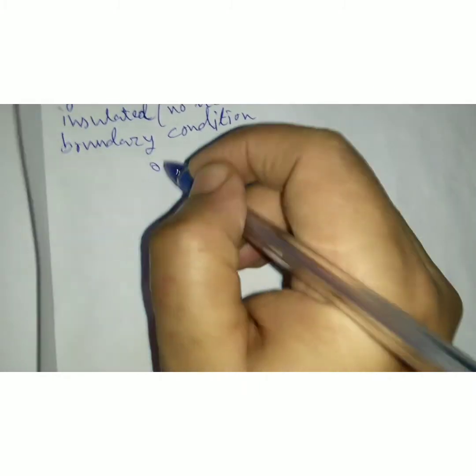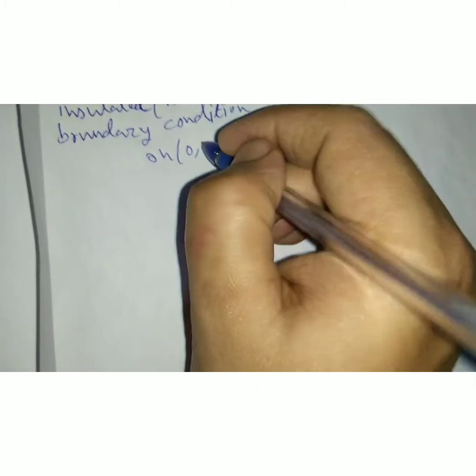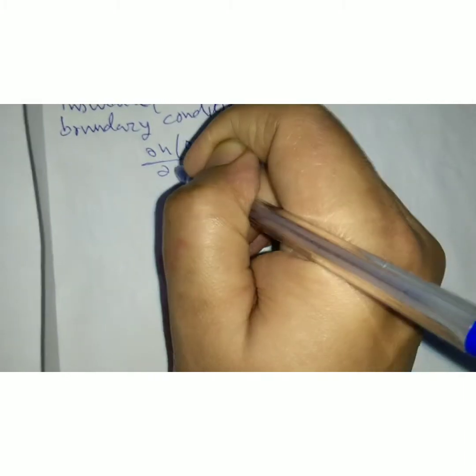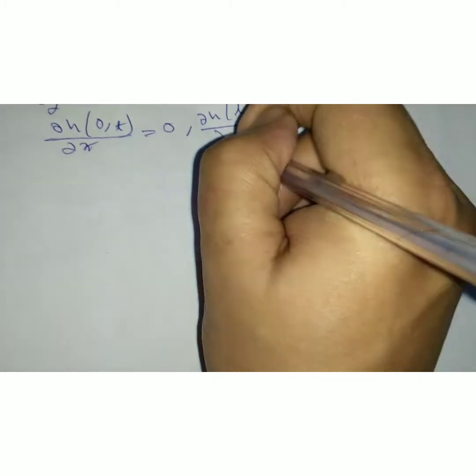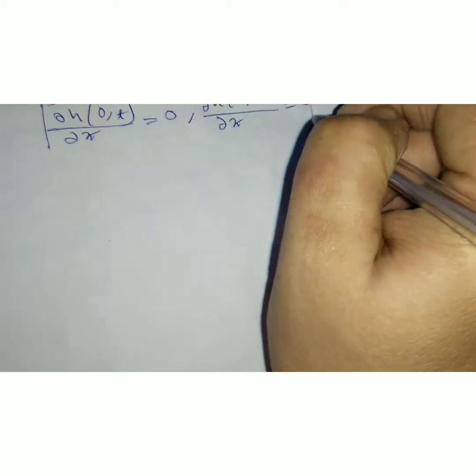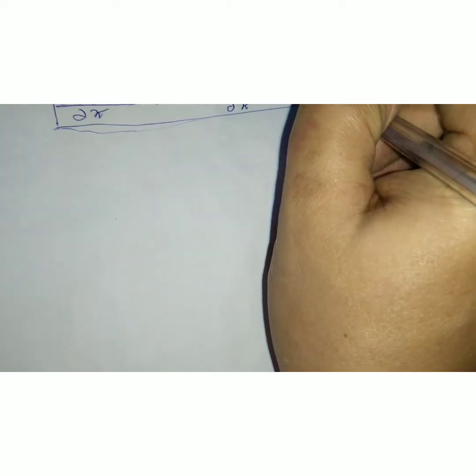So the boundary conditions are: del u(0,t) divided by del x is equal to 0, and del u(L,t) divided by del x equals 0. This property holds. This is the boundary condition we get, from the law of heat conduction.